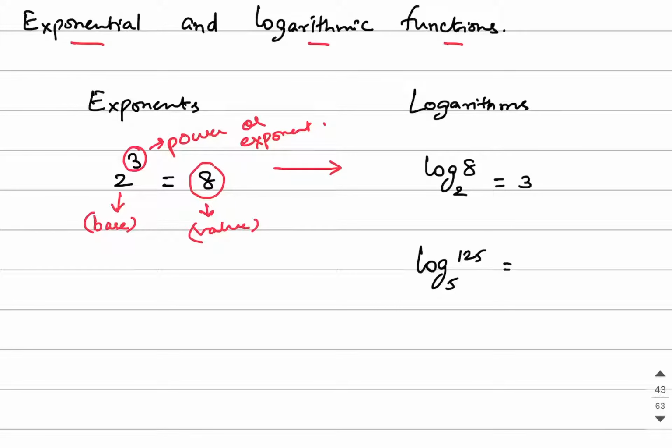So log of 8 base 2 is equal to 3. The base remains the same: here the base is 2, and here the base is 2. The meaning of the statement is that this base should be raised to the power of 3 to get a value of 8. That is the meaning of logarithm.